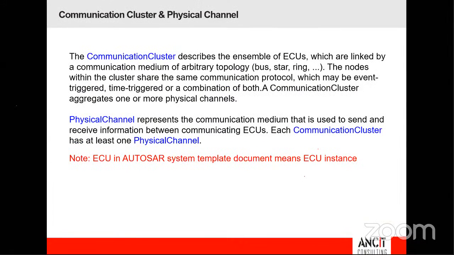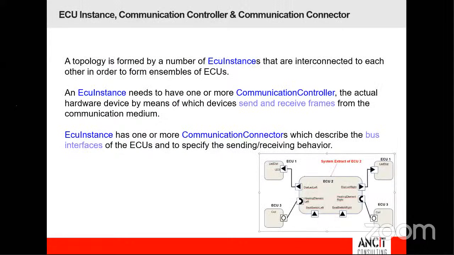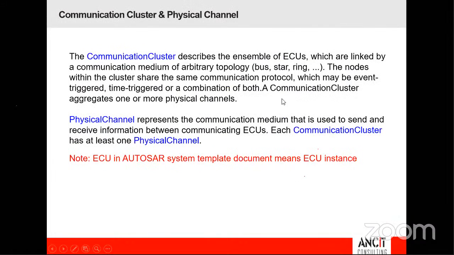All right. So once you design the communication connector and communication controller, you could group these things. You have the physical channels. It could be a CAN bus physical channel or a LIN physical channel. This grouping is called a communication cluster.